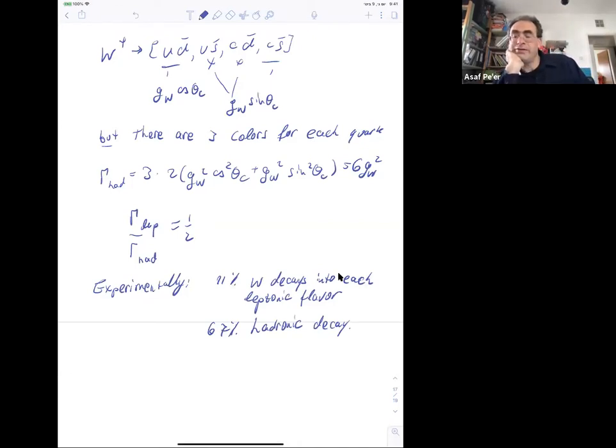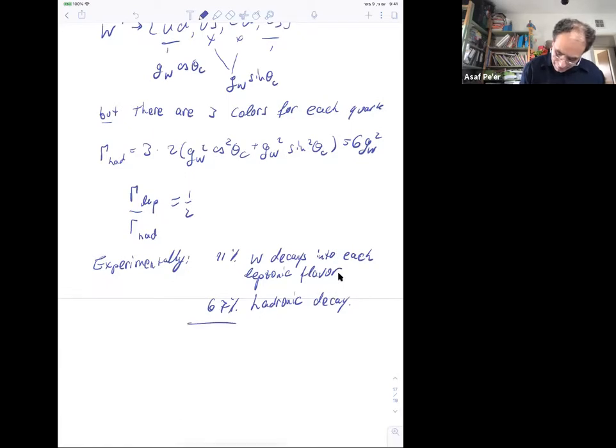Now by the way, this experimental result is an independent proof that there are 3 colors, regardless of anything else that we have.